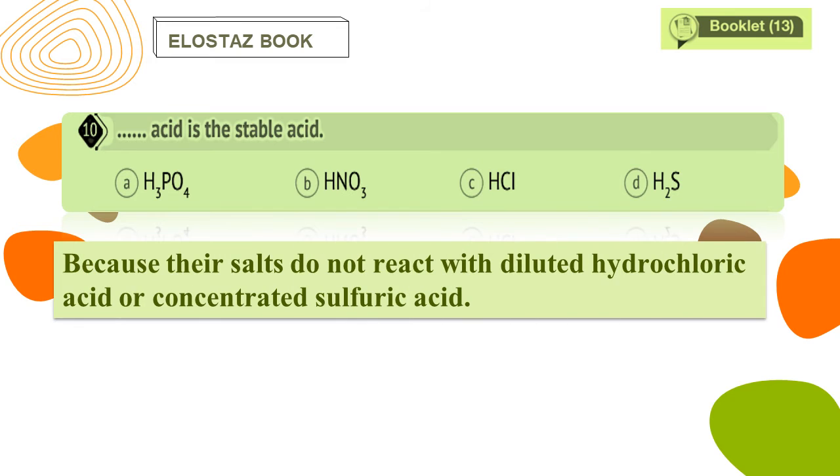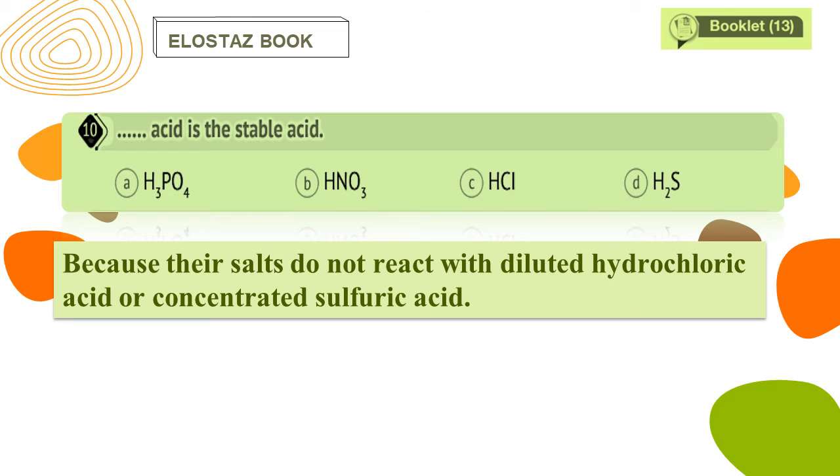As we said when discussing it, we look at which one's salt doesn't react with hydrochloric acid. Why? Because the most stable acid means that its salt doesn't react with diluted hydrochloric acid or concentrated sulfuric acid.